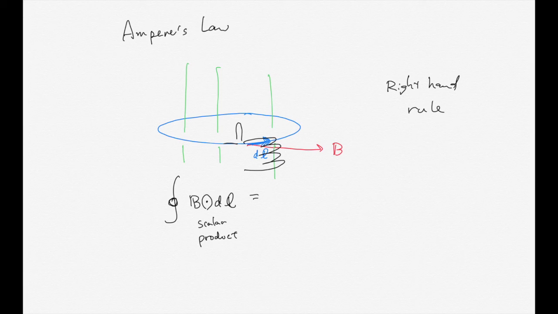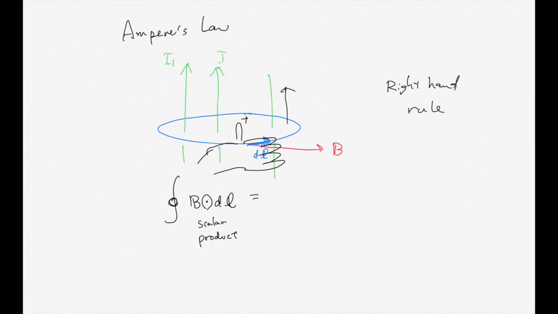Then the thumb points to the direction of the positive direction. So this is the positive direction.